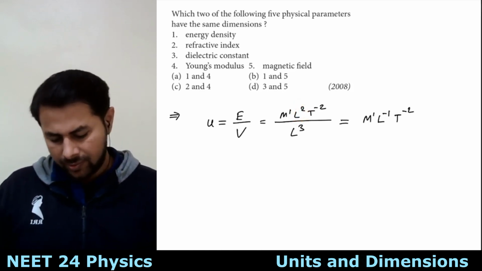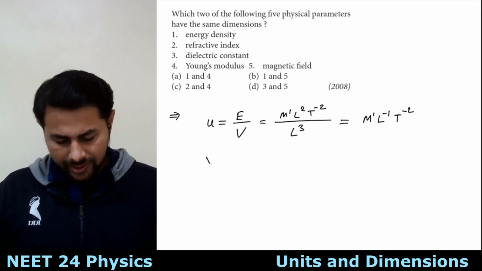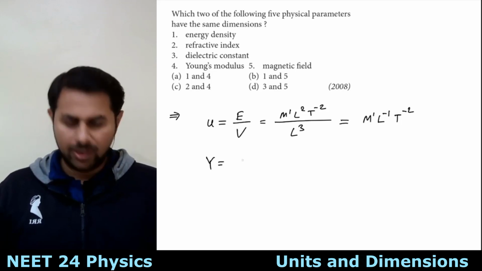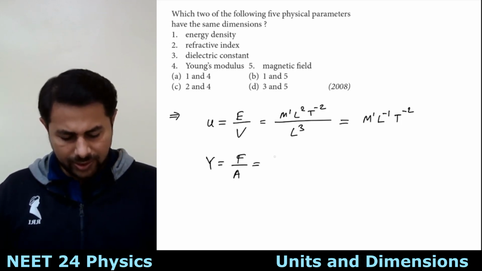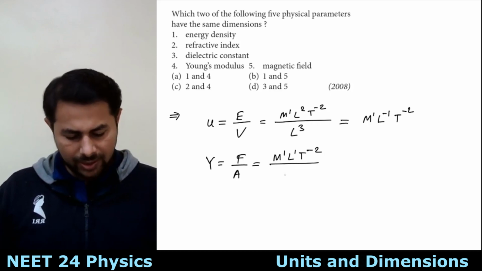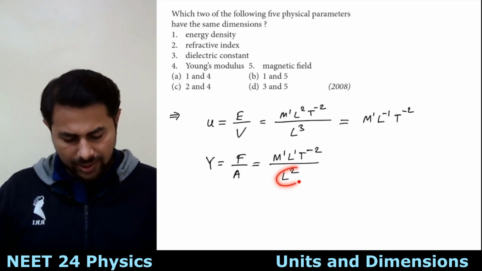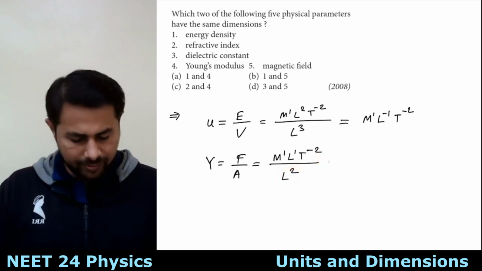Then you have Young's modulus. What is Young's modulus? Young's modulus is force by area. So you take force is m1 L1 t to the power minus 2 divided by area. So the area is L to the power 2. Take it to the numerator, it becomes L1 minus 2.